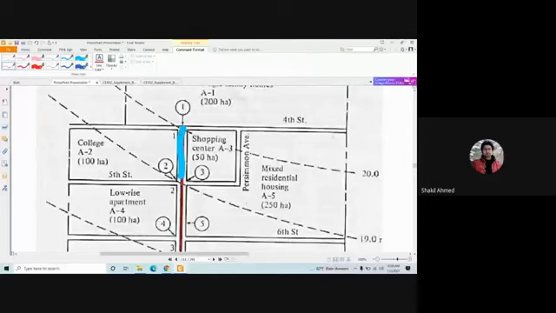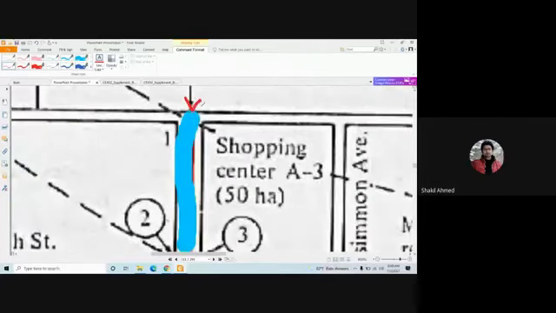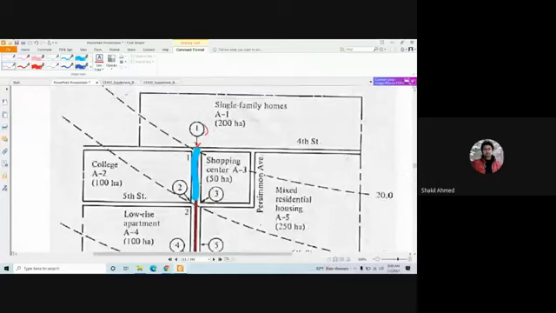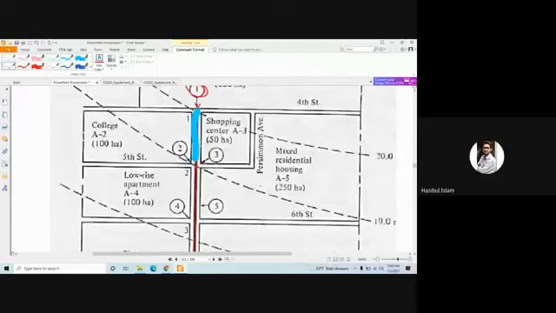Did you see? Who is contributing? This one. One means A1. So in this pipe, who is contributing? A1, right? Yes, sir. A1, A2, and A3.